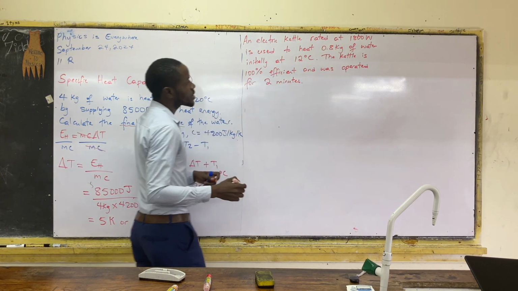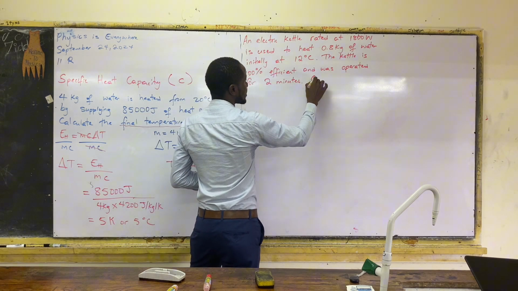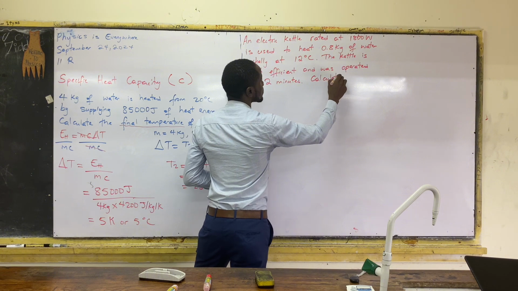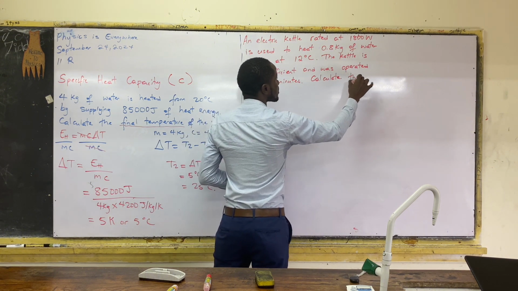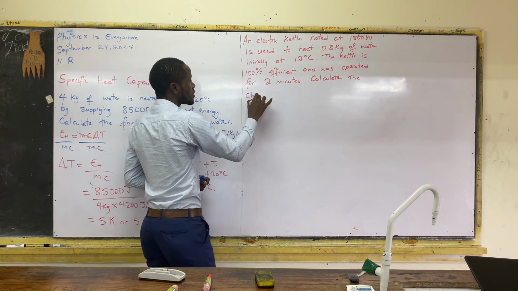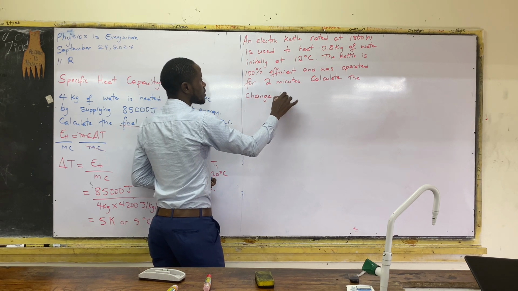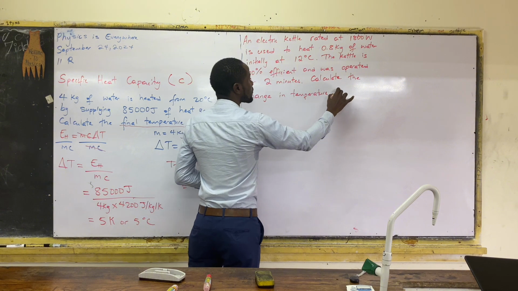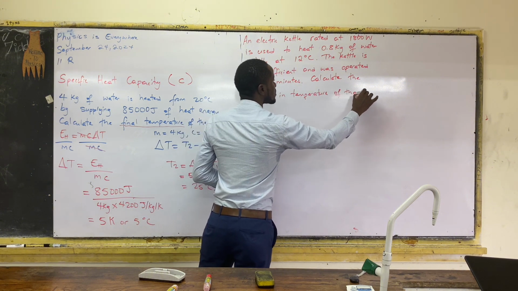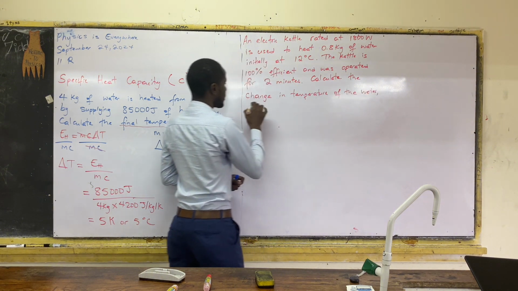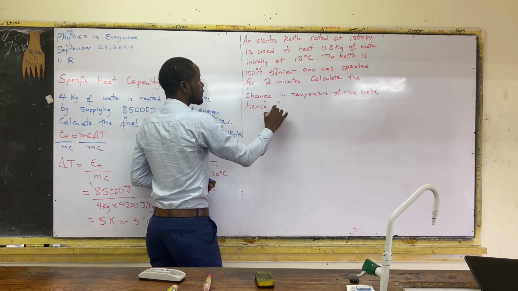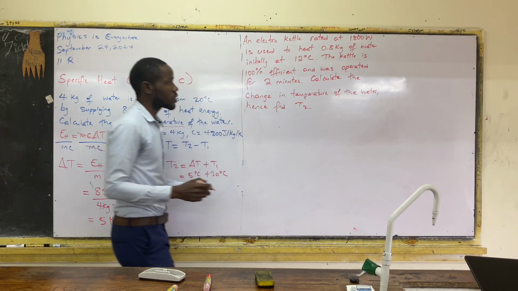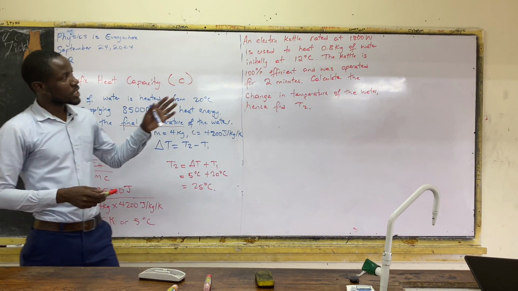All right, for 2 minutes, and then we're going to say calculate the change in temperature of the water, hence find T2, which is the final temperature of the water. So that's our question.